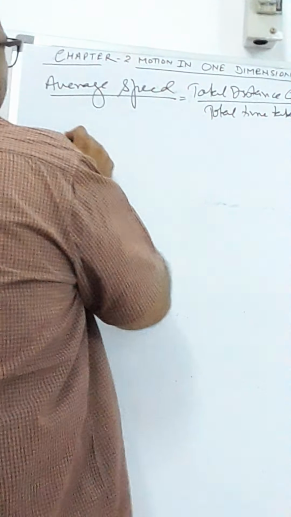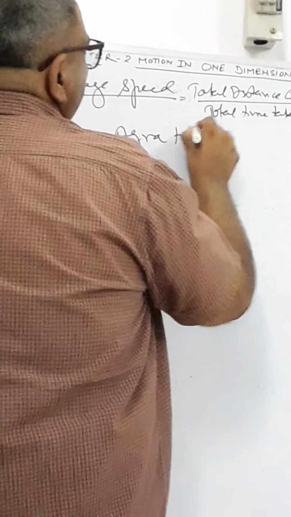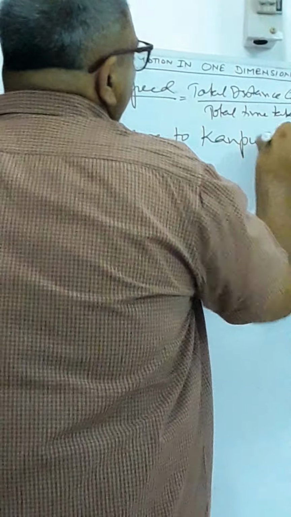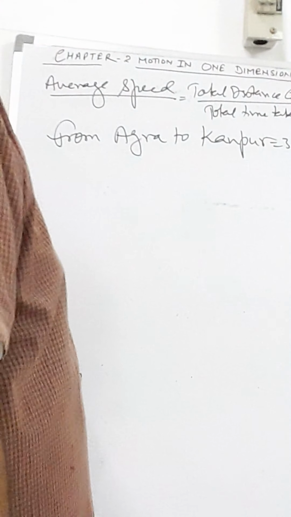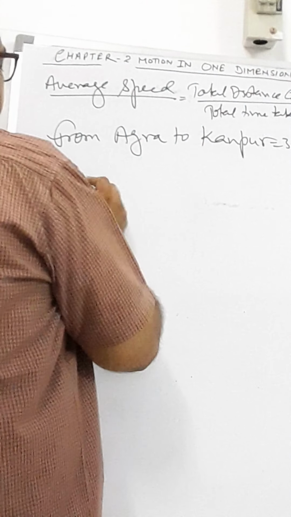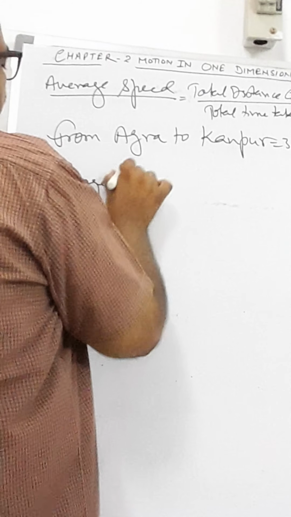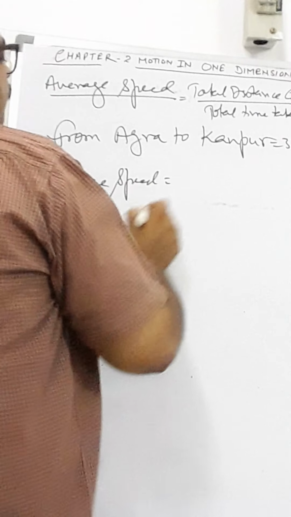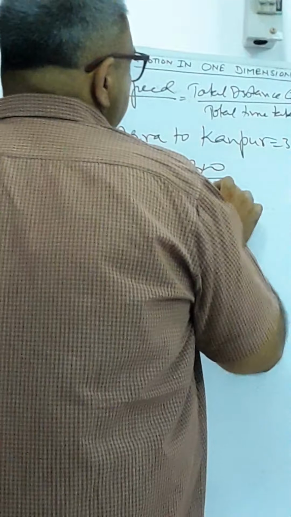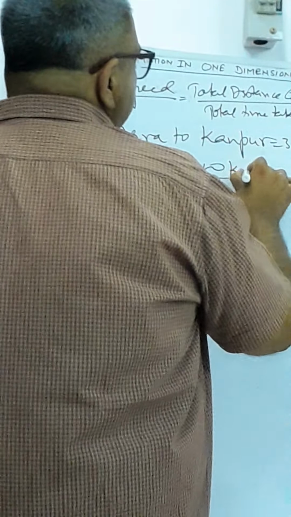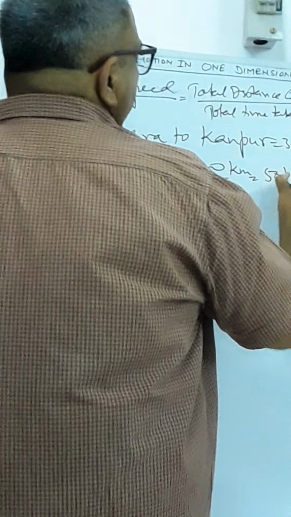Like from Agra to Kanpur, the distance is 300 kilometers, and the driver took 6 hours. Speed comes as 50 kilometers per hour.